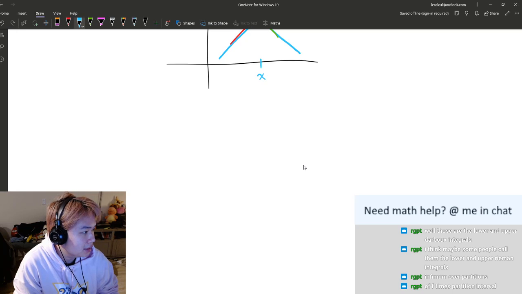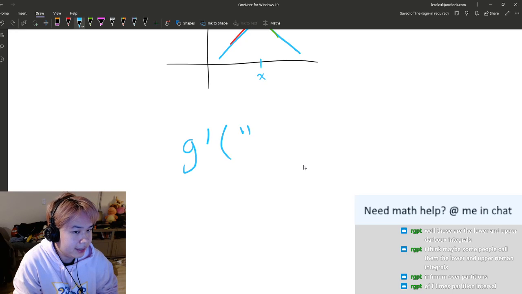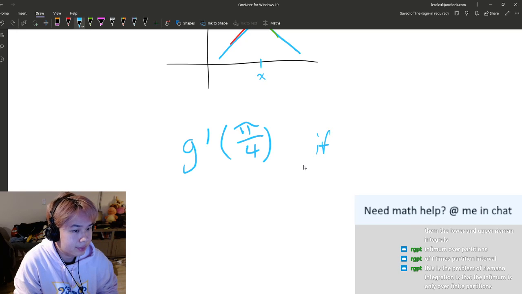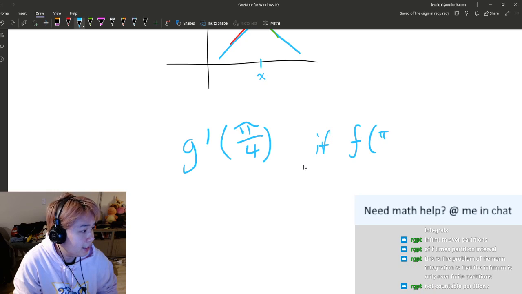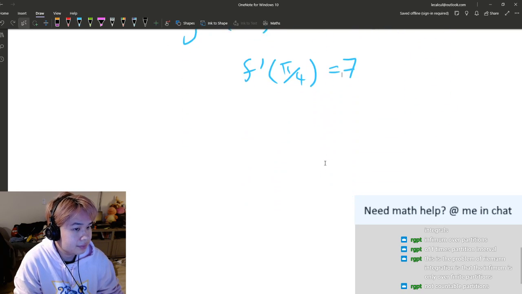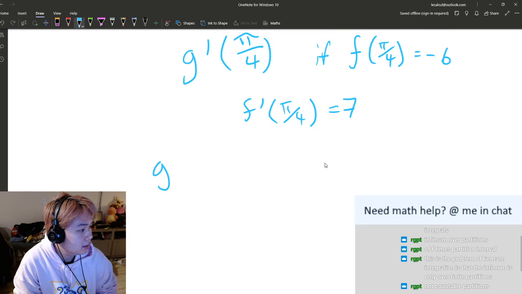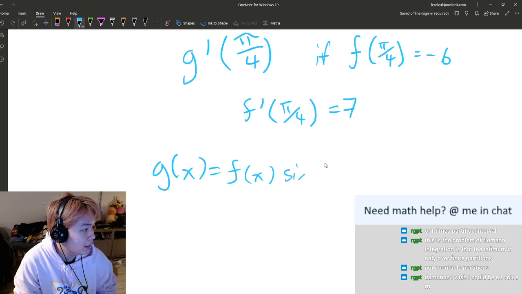So, Jazz says, what is g prime of pi over 4 if f of pi over 4 is -6, f prime at pi over 4 is 7, and g of x is f of x times sine of x.